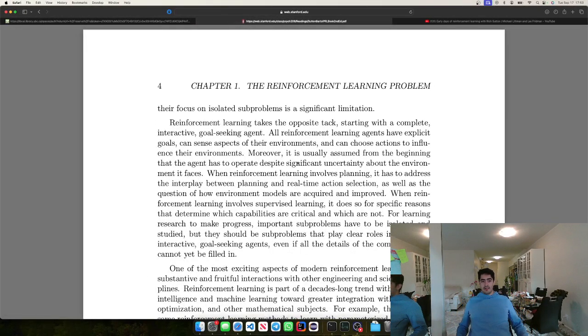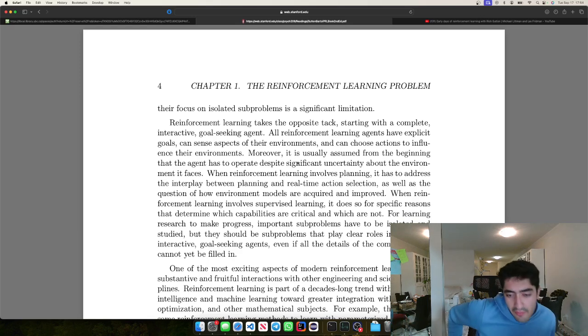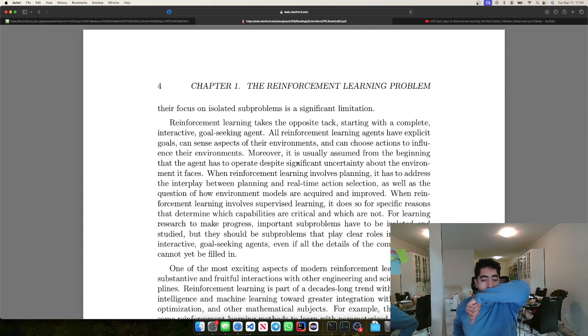For learning research to make progress, important subproblems have to be isolated and studied, but they should be subproblems that play clear roles in complete interactive goal-seeking agents, even if all the details of the complete agent cannot yet be filled in.